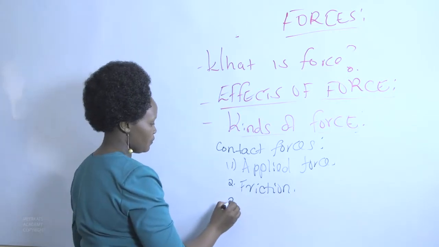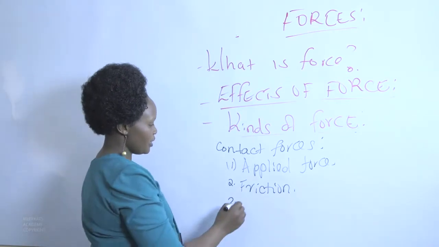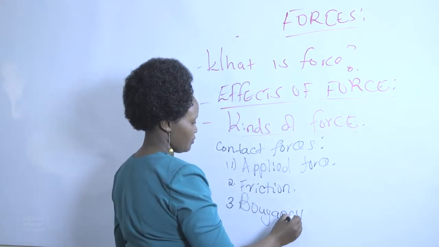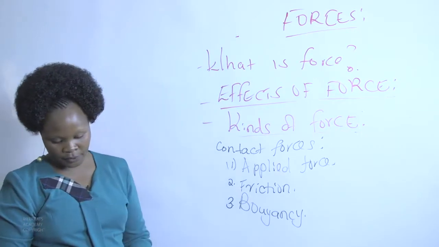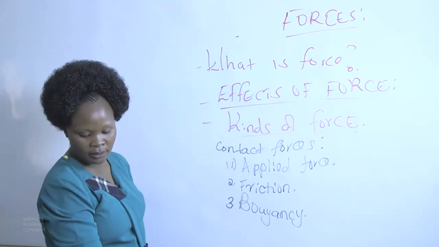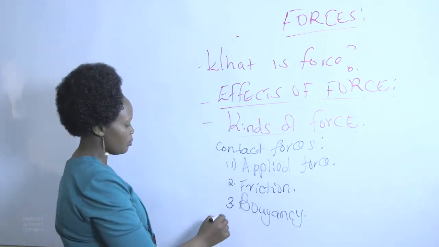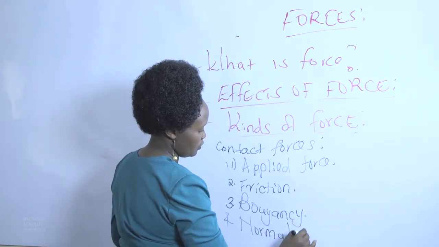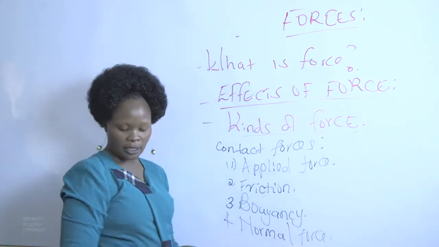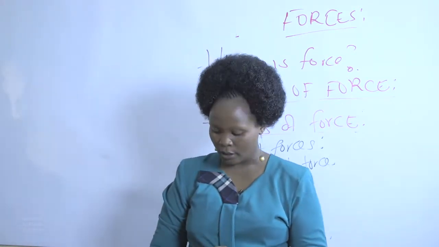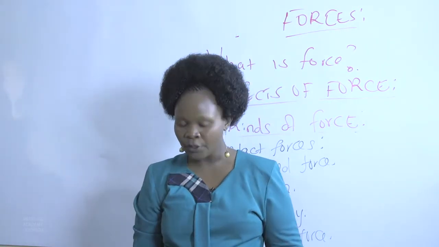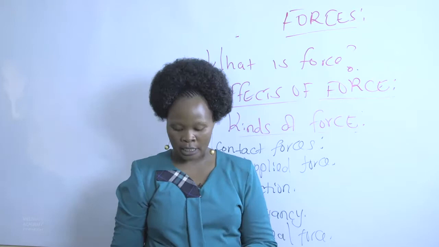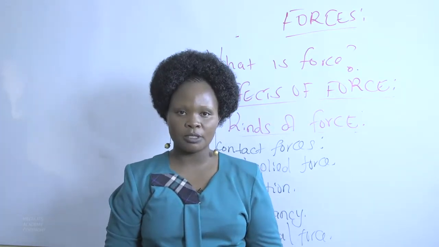Number 3 is buoyancy. And number 4 is the normal force. You can add onto the list the types of forces that you know if you think they fit into that. We shall look at a longer list later in the chapter.